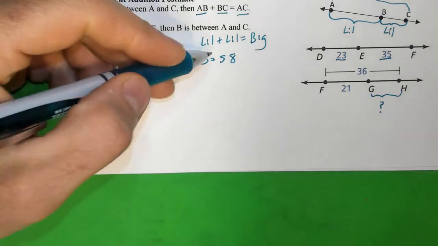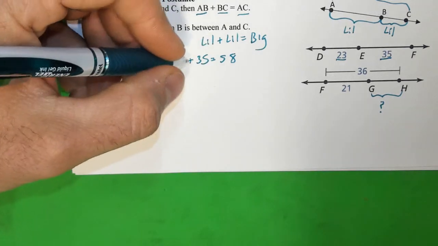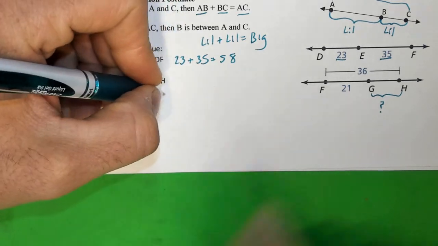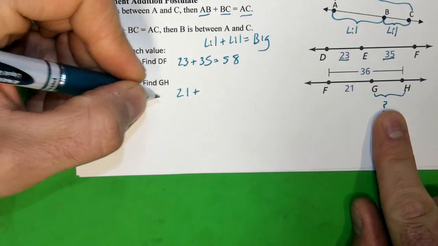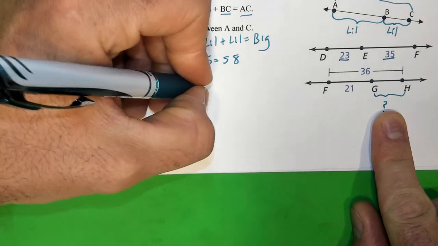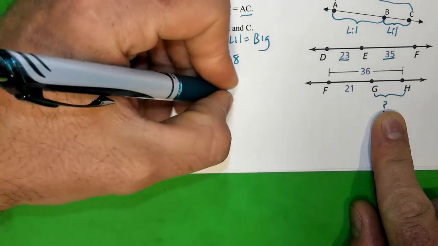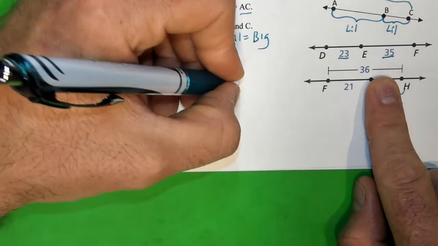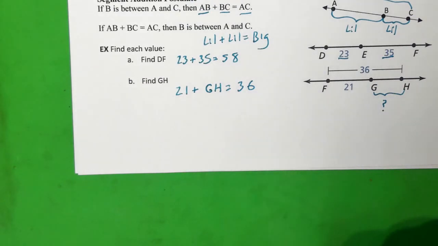I'm going to use the technique that goes as closely as possible to what I've already stated. If you start off with your first little distance, which is 21, and you add to it your second little distance, which I do not know, so I'm just going to call it by its name, GH, then that would be equivalent to the big distance, which is 36. So what I've done is I've just taken my pieces and put them where they belong.